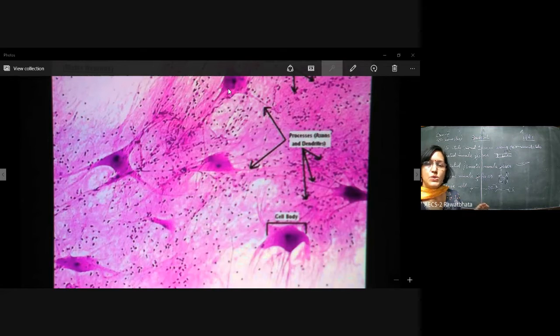So see how this one connects, one on this side, the other one on this side. This particular nerve cell has its dendrites coming over here and here, and it connects at this juncture. These are like different nerve cells, this one, this two, this three, and here you see the cell body very clearly.